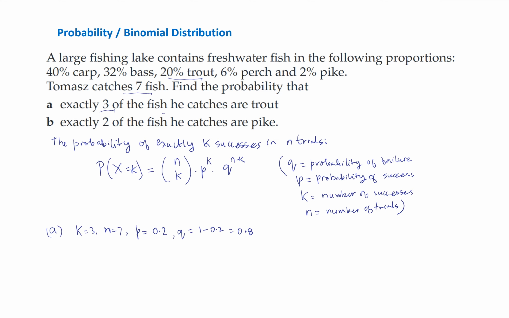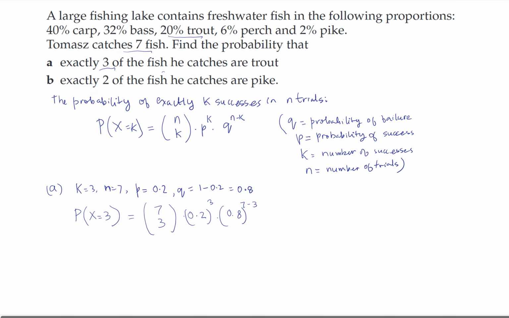And so here we have the probability of X is 3, and that would be 7C3 times 0.2 to the power K, that is 3, times 0.8 to the power N minus K, that is 7 minus 3.